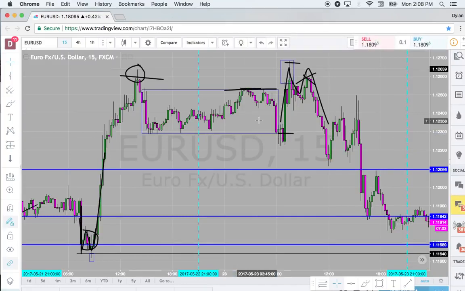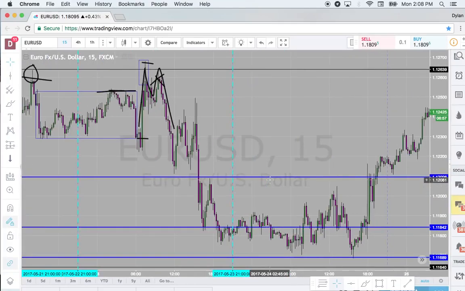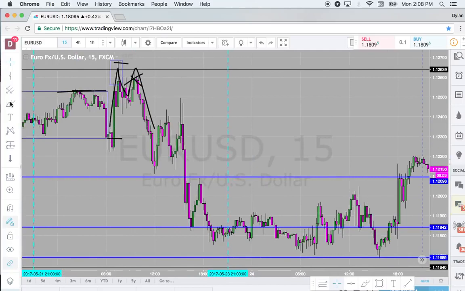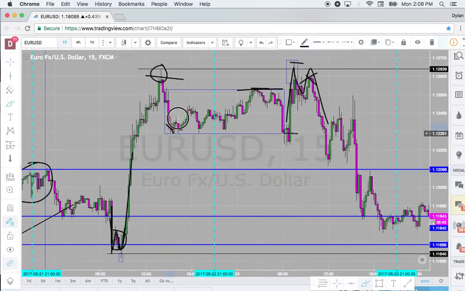Okay, M and W formations will happen all over your charts all the time, and a lot of times they will happen Asian session. Mostly, you can see Asian session here consists of basically a bunch of W's, M's, W, M. But what do we see?